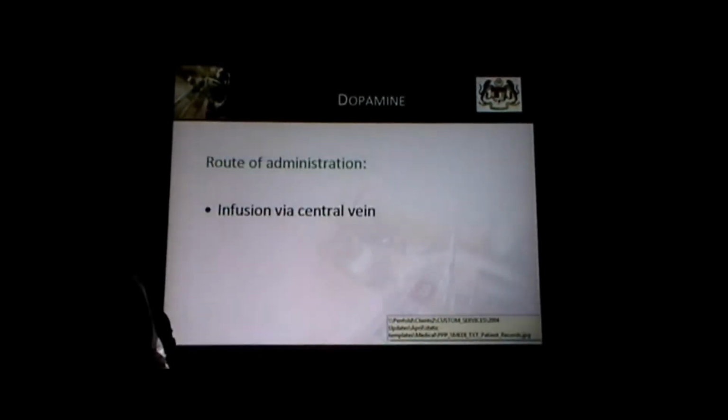Okay, so dopamine, as you know, is your inotropes used in shock, and basically you need to give it through central vein. Means you need to put in your CVP. But let's say if you are working in the district, you don't have CVP, you can put it at the patient's femoral line, femoral vein, or the neck vein, or which one is the largest vein possible.